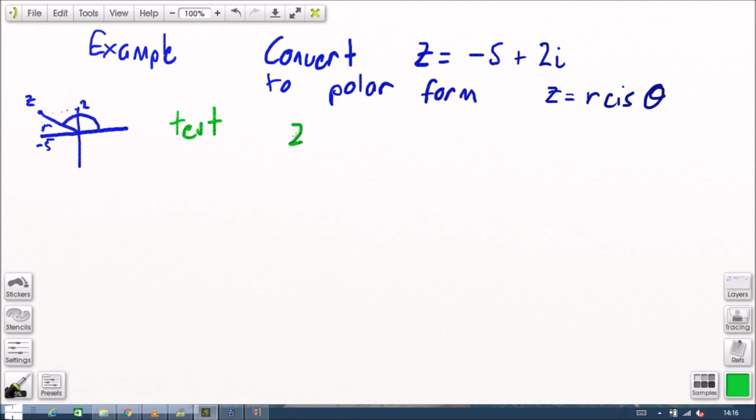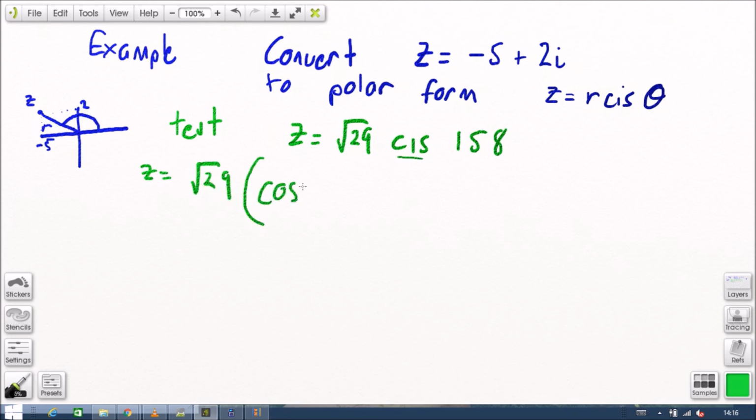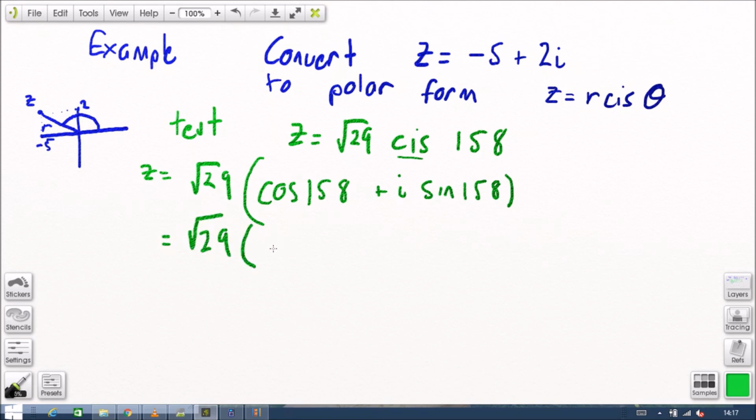Right, let's just test that this works. So our polar form is root 29 cis 158, dealing in degrees. Remember, cis just stands for cos of the angle plus i times sine of the angle. So that's root 29, and cos of 158 is negative 0.93, about.